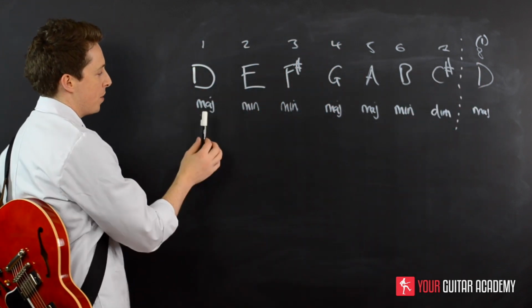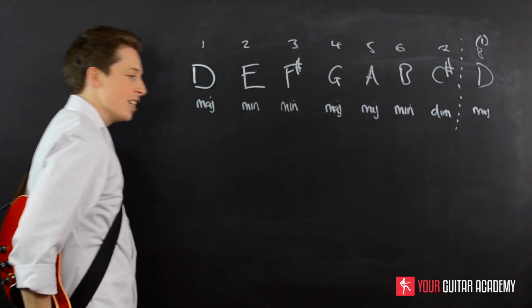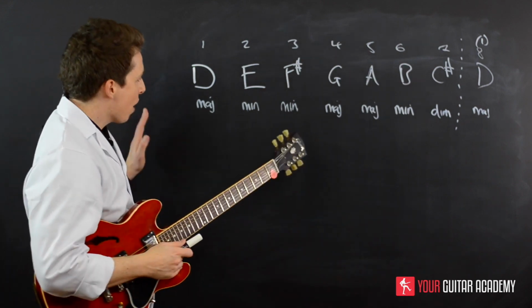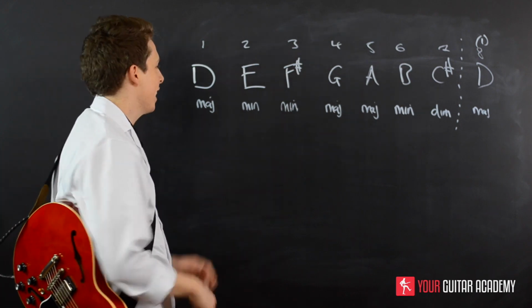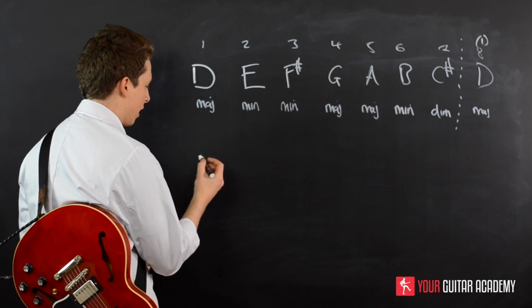So we remember this theory, major, minor, minor, major, major, minor, diminished, in the same way that we remember tone, tone, semitone, tone, tone, tone, semitone. And that works for any key. Let's do another one, why not? Let's do the key of F major.